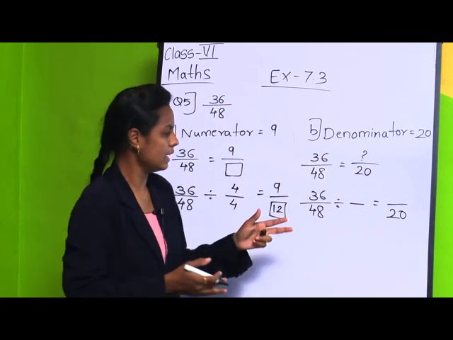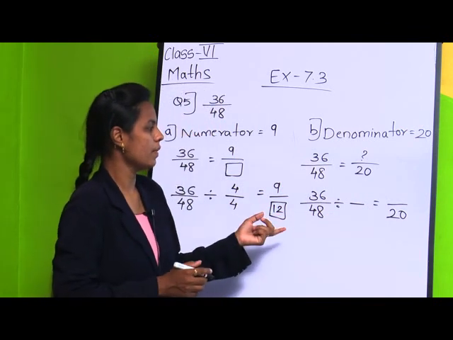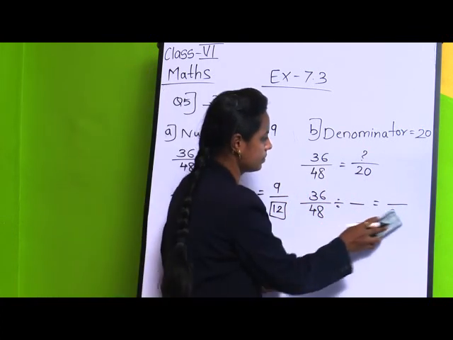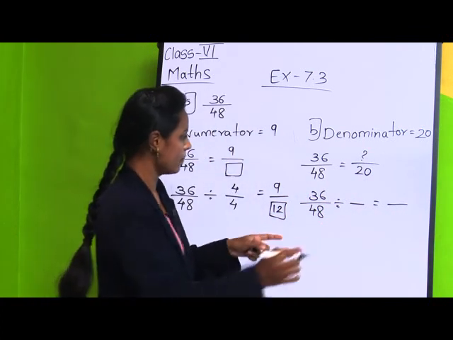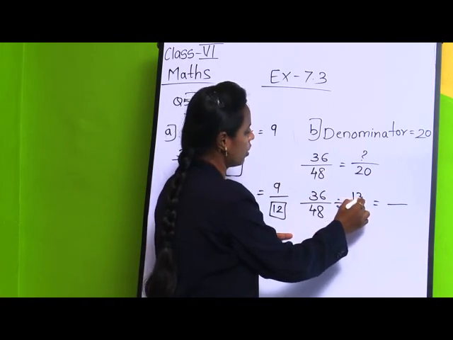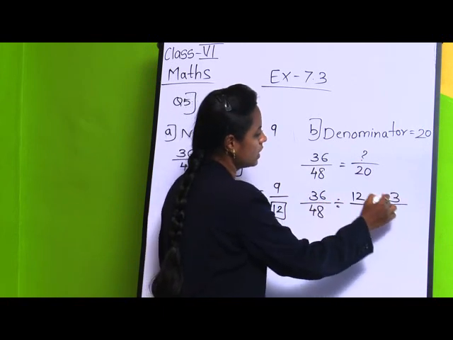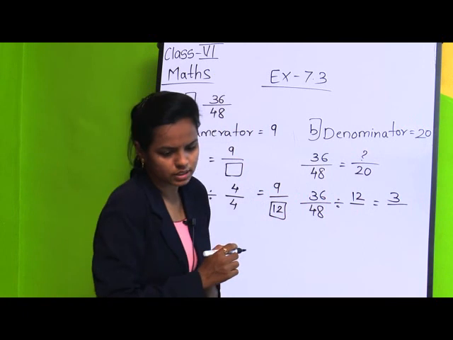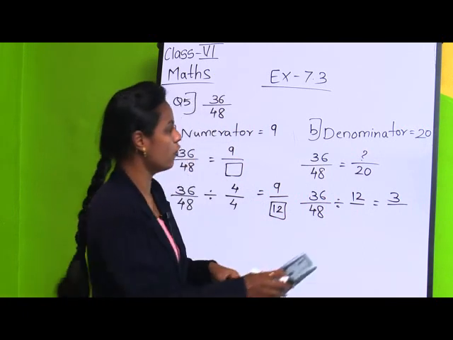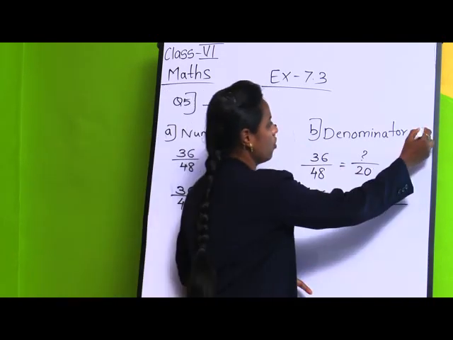So let us see. First of all, we will divide it first. Let us take 12. 36 divided by 12 is 3, and just a second, yes, we have the denominator 4 here.